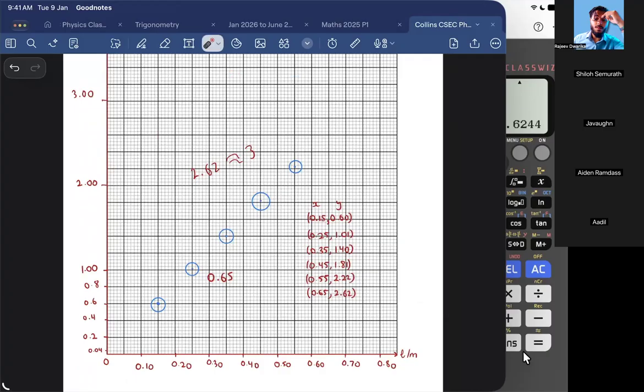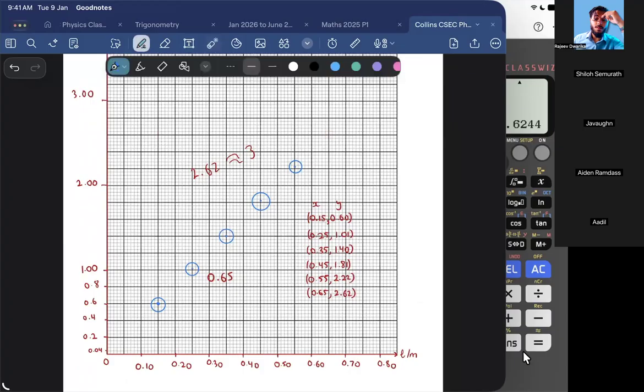Cool. Then 0.65, 2.62. So 2.62 is right here in the middle. How we feeling about that? That was an easy graph.